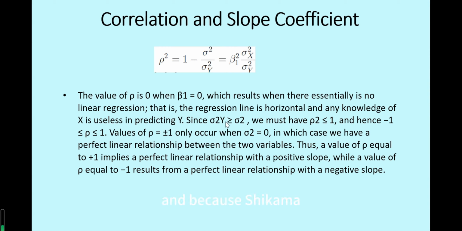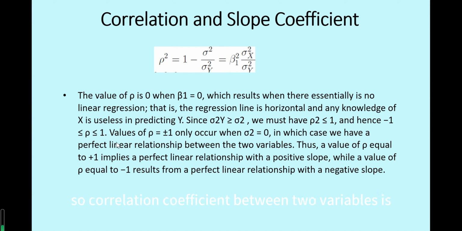Because sigma square y is larger than sigma square, we must have rho square less than 1, because this division is less than 1, so 1 minus this is less than 1. So rho square is less than 1, and rho is between minus 1 and 1.